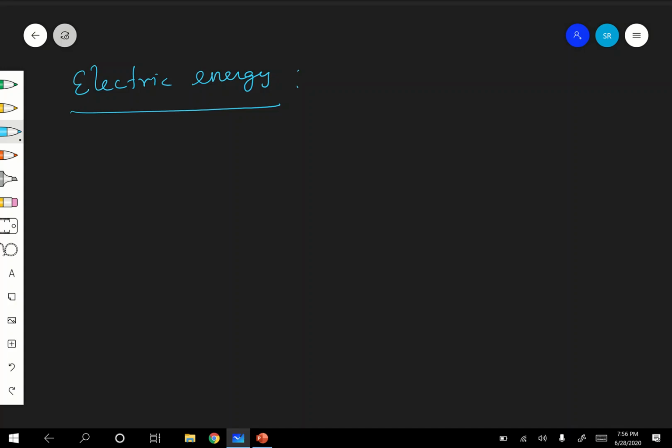Therefore W, electric work done, is nothing but VIT. Just now we have seen electric work done is nothing but VIT, and that is nothing but I squared RT.